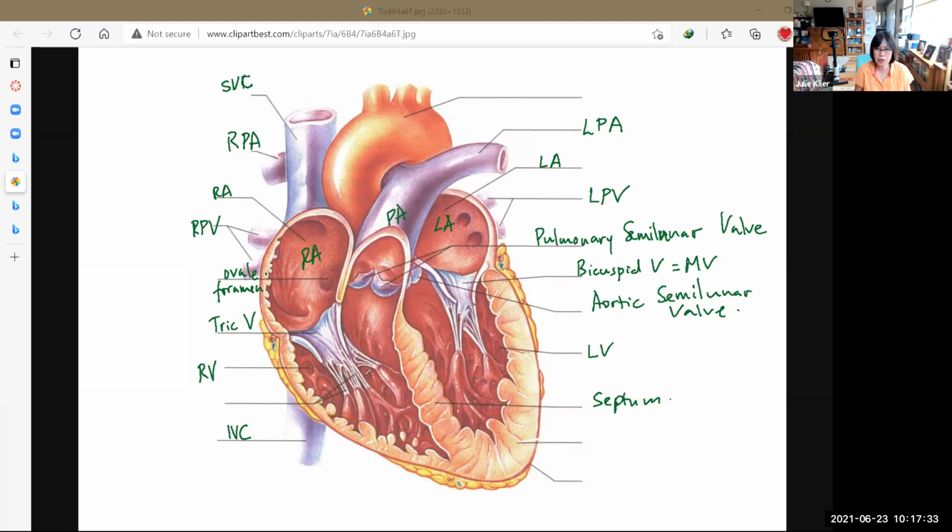Now, anybody know what this is? It's kind of like a thread, and then we have muscle here. When people have a problem with their valve, which is very common, like mitral valve prolapse or mitral valve stenosis, especially people with Down syndrome, they're prone to have that problem.